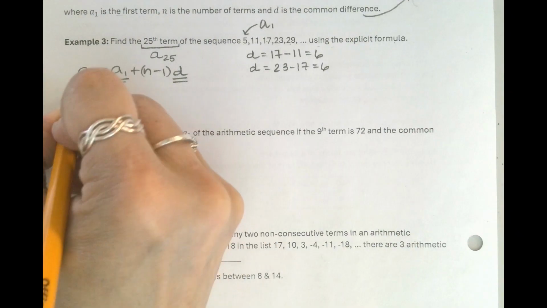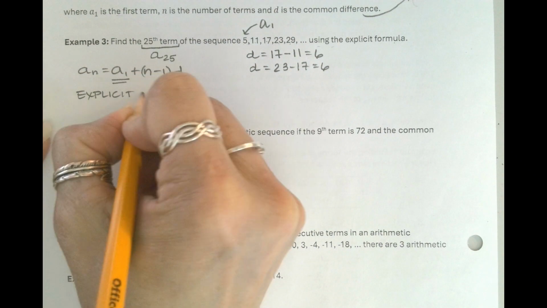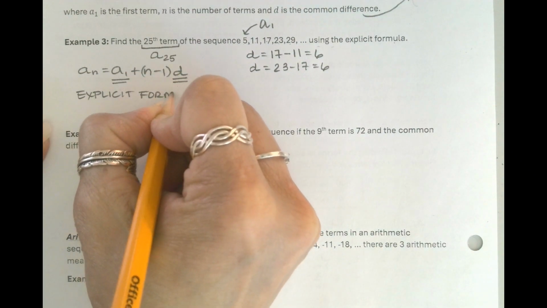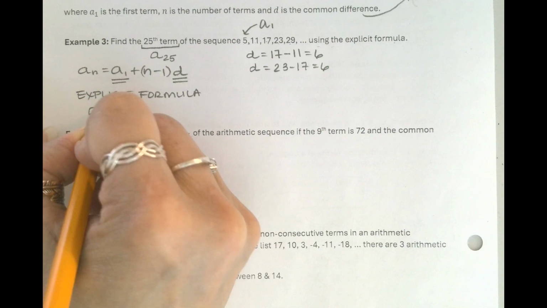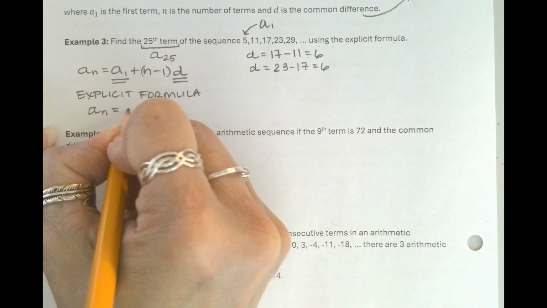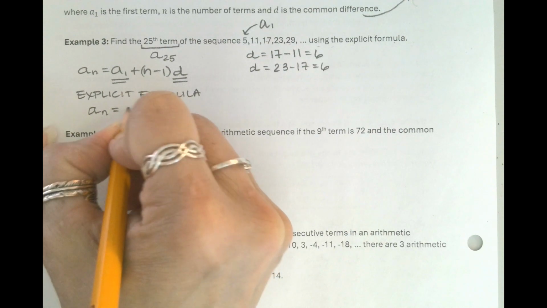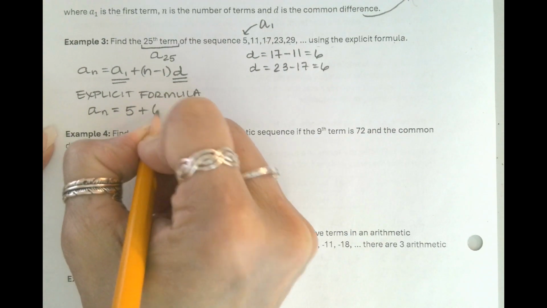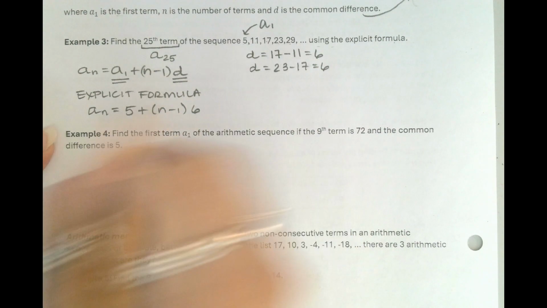So my explicit formula will be, when I finish substituting those values into my problem and simplifying, A1 was 5 plus n minus 1, and my D is my 6.